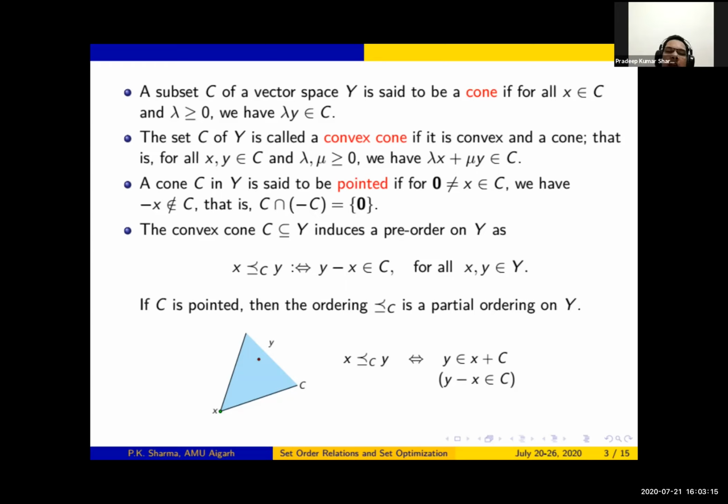And every convex cone always induces a pre-order on Y in such a way that x is related to y by the ordering induced by a convex cone if and only if the difference of y and x is in C, for every x and y in Y. And if the cone C is pointed, then this ordering will be a partial ordering on Y, and this plays a crucial role in studying vector optimization and also set optimization.